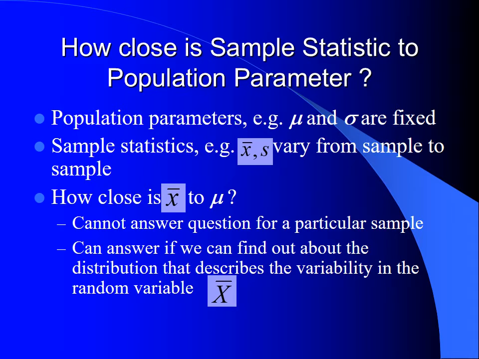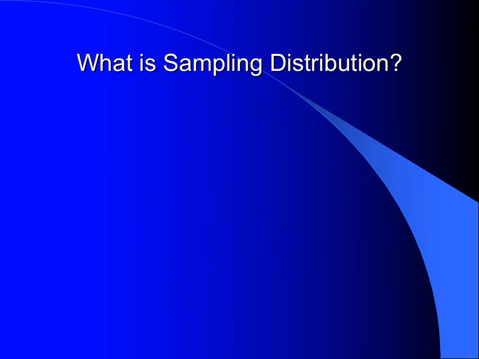That means for different samples you draw from the same population, sample 1, sample 2, sample 3, sample 4, and so on, sample 1 will have one mean and one standard deviation, sample 2 will have another mean, and sample 3 will have yet another. This is called the sampling distribution.